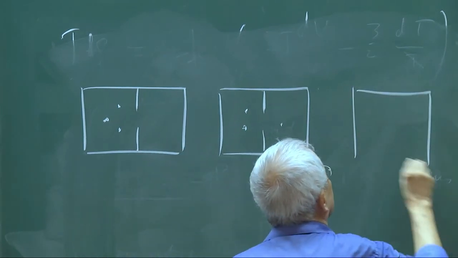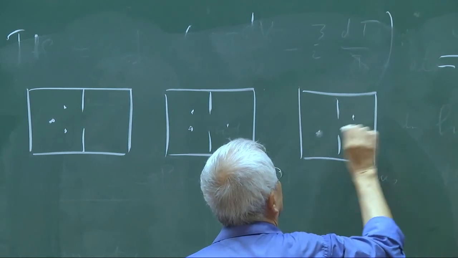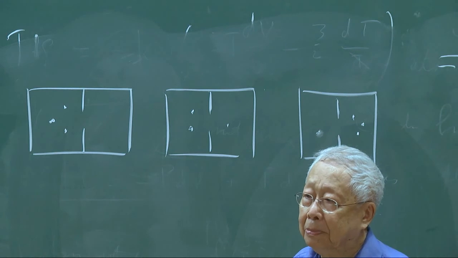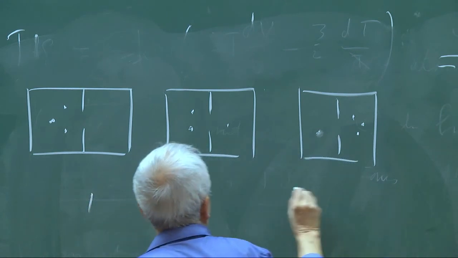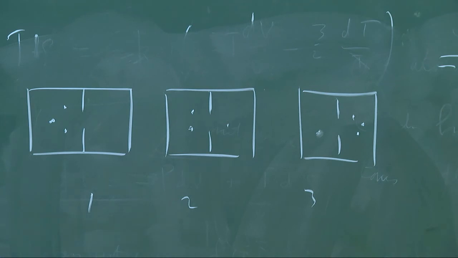In the third frame, it looks like this, perhaps. Maybe like this. Now, can you tell which comes first? You cannot, because the initial state is very probable. It's one of the typical states. So is the final state. So there's no time's arrow in that picture.